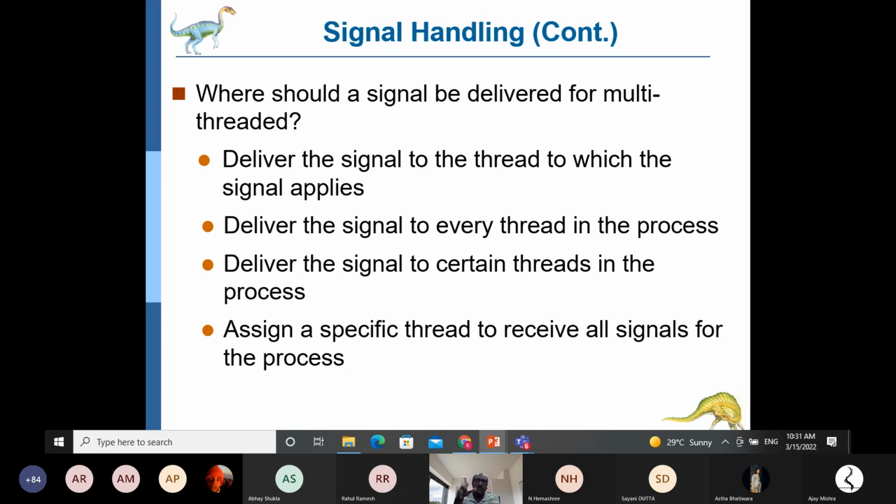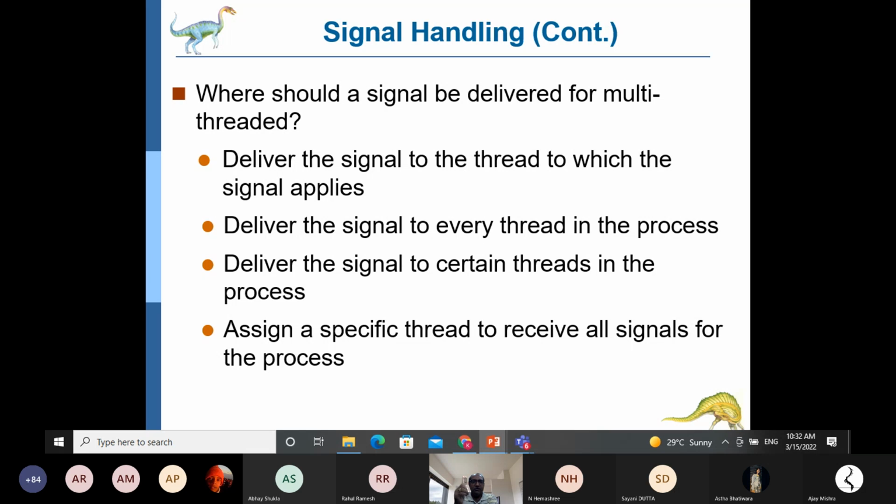And here in the process, there are various threads, multiple threads. Every thread will be defined such that they block certain signals and allow certain signals. It means that when a signal arrives, some threads will allow the signal and receive it, and some threads will not listen to that; they will block the signals.